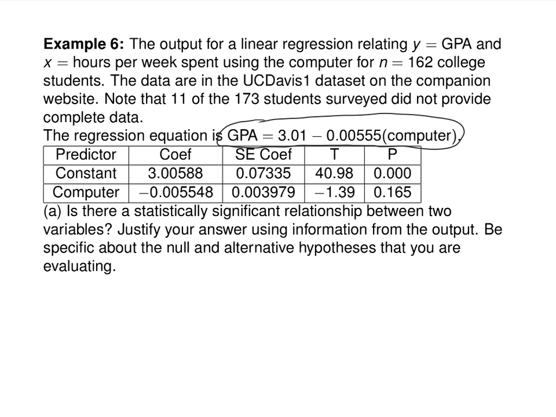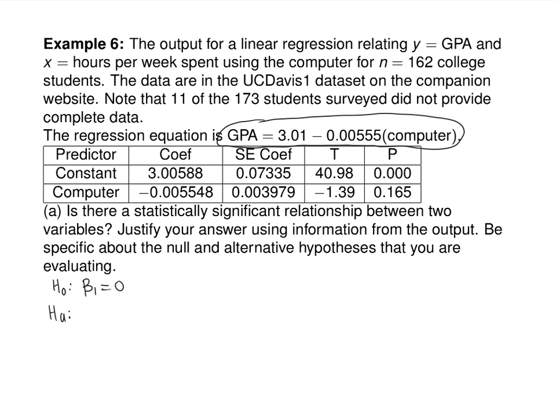Okay. So is there a statistically significant relationship between the two variables? Justify your answer using information in the output, and be specific about the null and alternative hypotheses that you're testing. So your null hypothesis is that your slope is 0, which means beta 1 equals 0. And because this is always a statement about the true values, use the Greek letter.